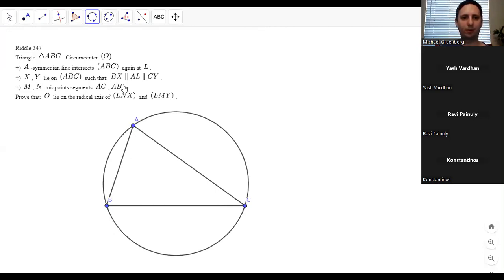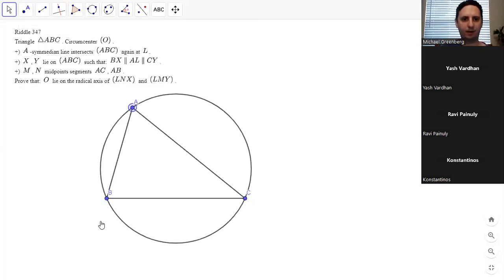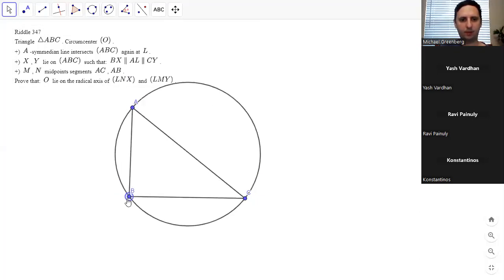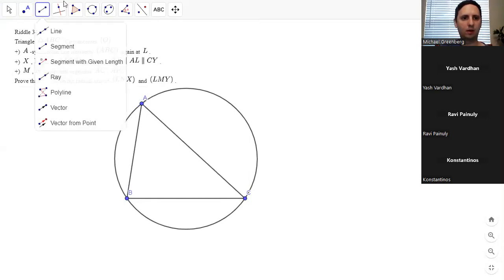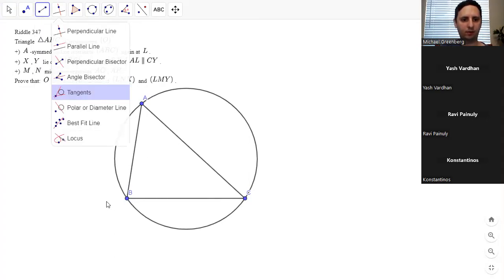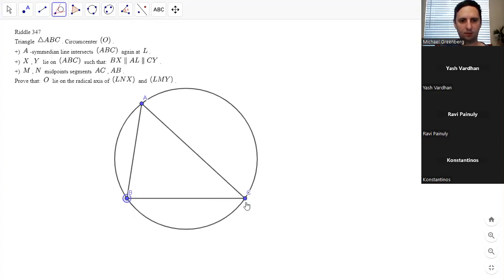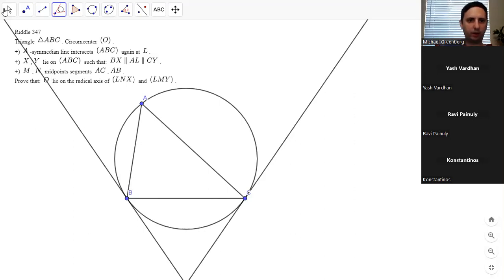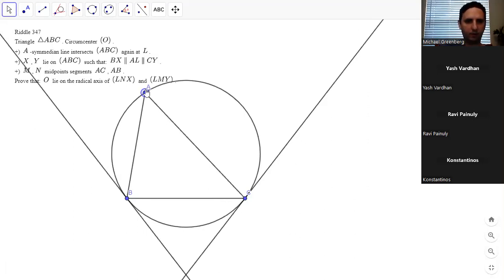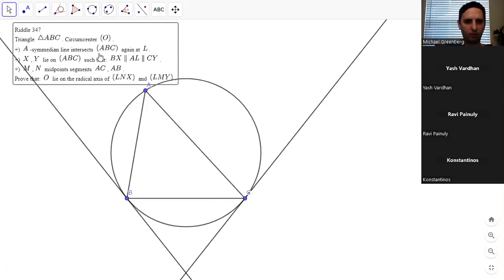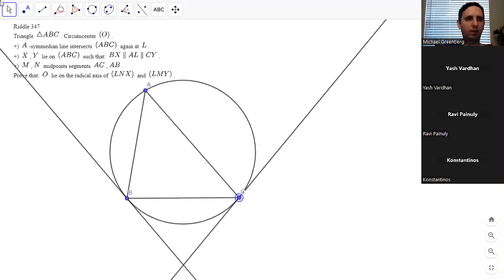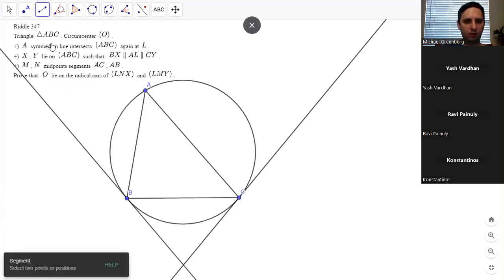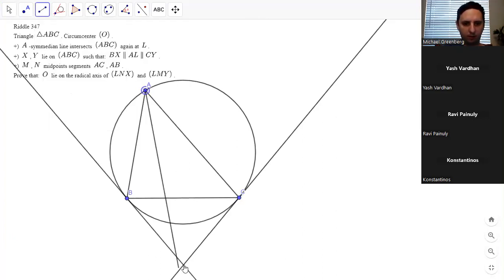So this is the second one. Tangents. Okay. So we have a harmonic quadrilateral. This is L.